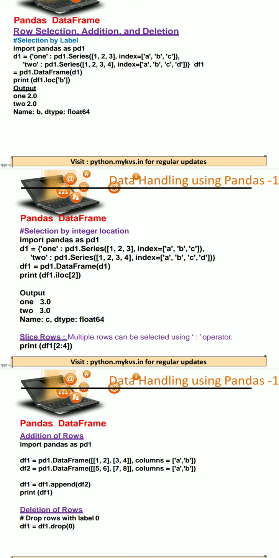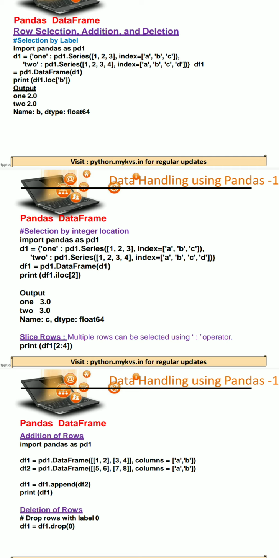Now students, if you want to access the data on the basis of their real index position, integer index position, you know that in a list integer index position begins from 0. So one column and two column both are having the same value, but one column has 0 index position, 1 index position, 2 index position, whereas two column has 0, 1, 2, 3.